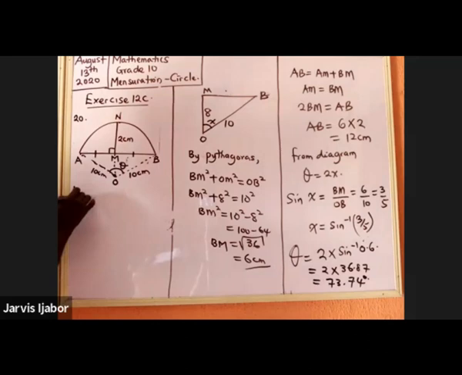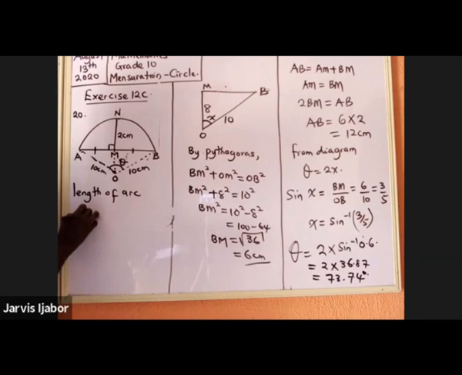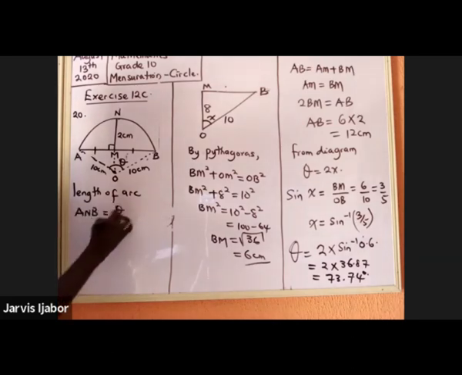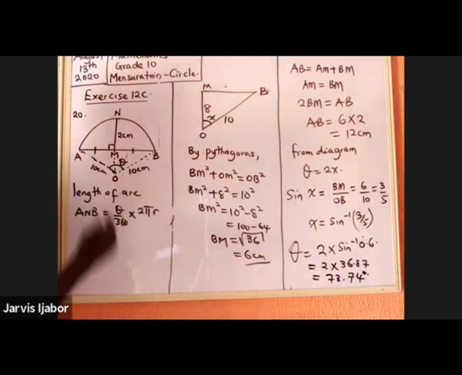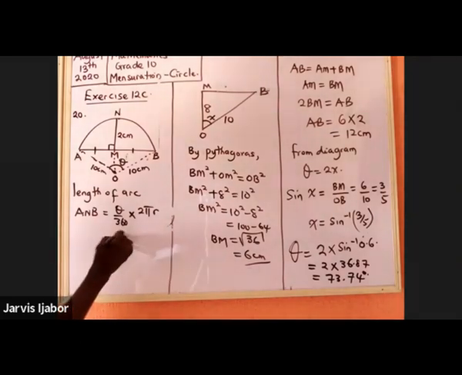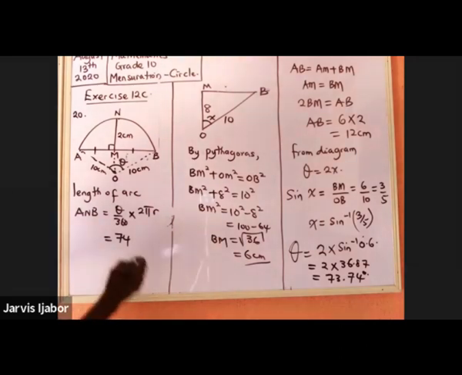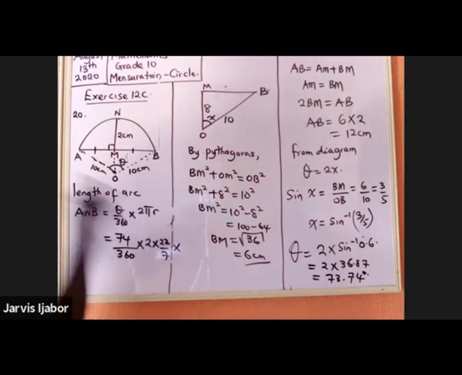So how do you do that? Length of arc AB will be equal to theta over 360 times 2 pi r. In this setup, what is theta? Theta is 73.74. For the purpose of my solving, I would use 74, just approximating, over 360 times pi, 22 over 7, times the radius.